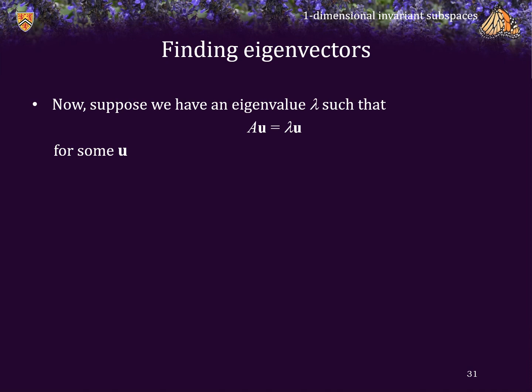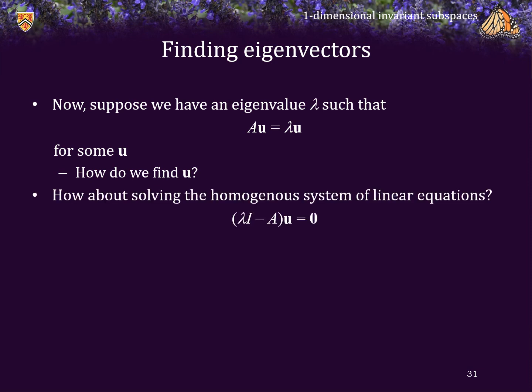Now, suppose we have an eigenvalue lambda such that we know that A applied to u is equal to lambda times u for some unknown, at this point, eigenvector u. How do we find this particular eigenvector u? Well, how about solving the homogeneous system of linear equations given by this expression?